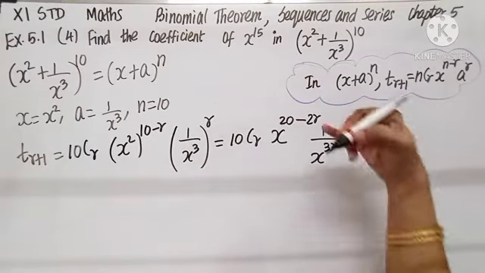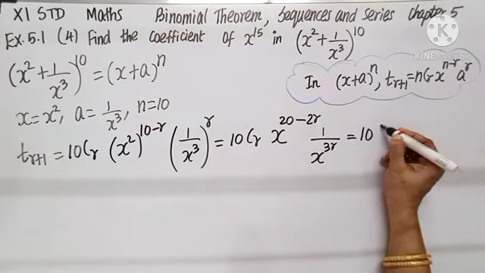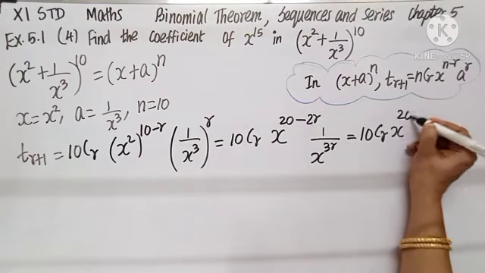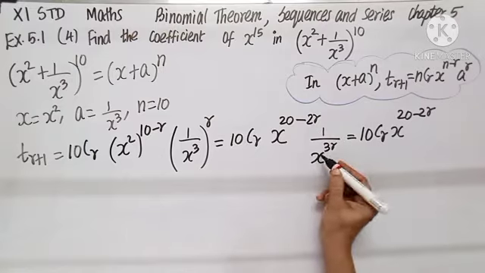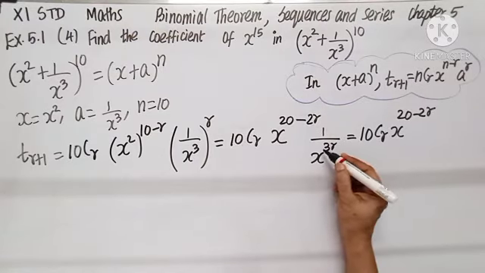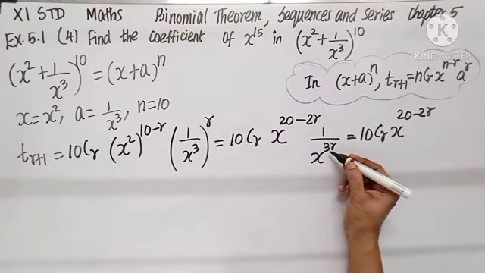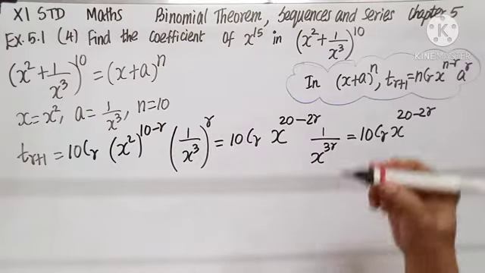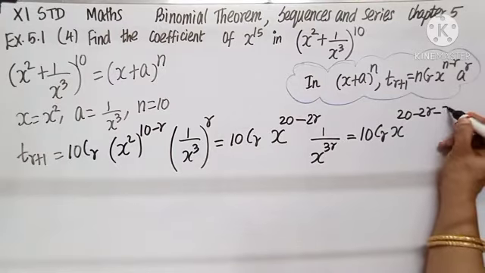Taking this also to the numerator, x power 20 minus 2r, this denominator goes to the numerator with negative power. So plus 3r in the denominator goes to the numerator as minus 3r.